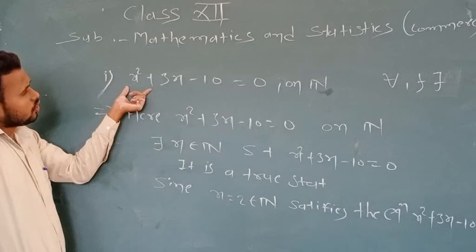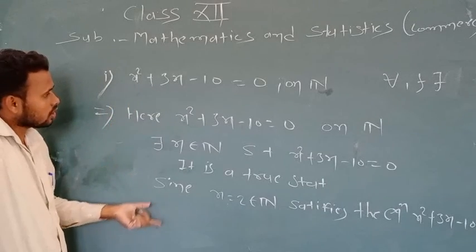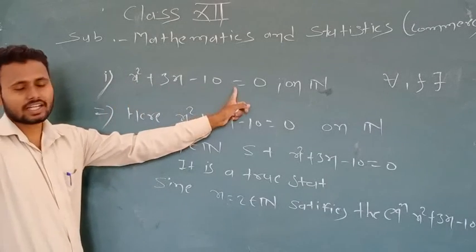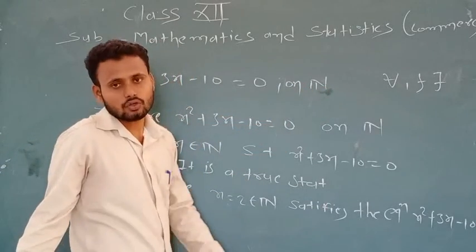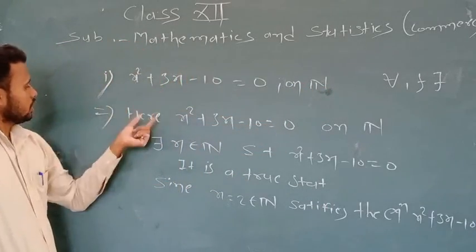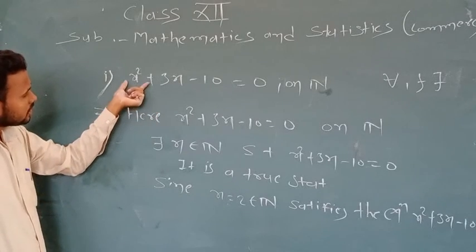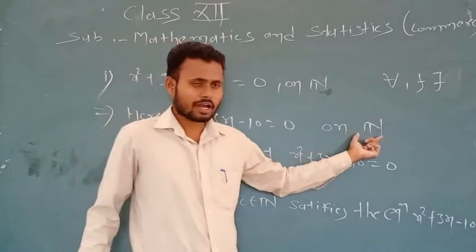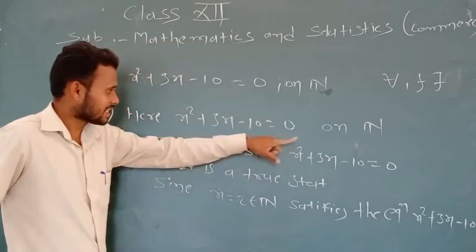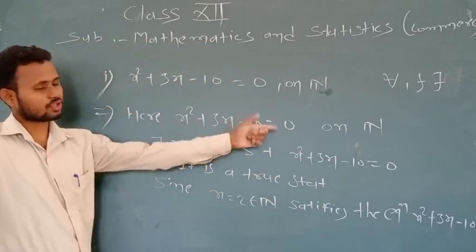Question क्या होता? Use quantifiers to convert the following open sentence defined on a natural number N into a true statement. ठीक आहे. Here in the solution, given x square plus 3x minus 10 is equal to 0 defined on natural numbers. Means natural number असे घ्यायचे की इक्वेशन सॅटिस्फाईड केले पाहिजे.